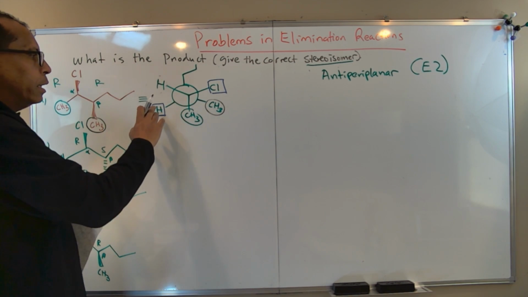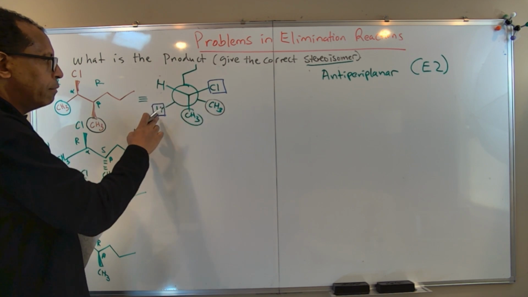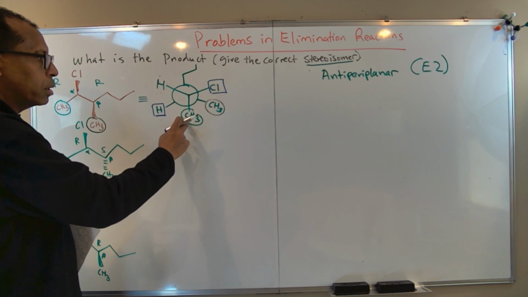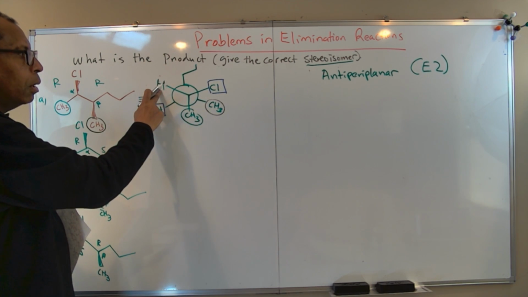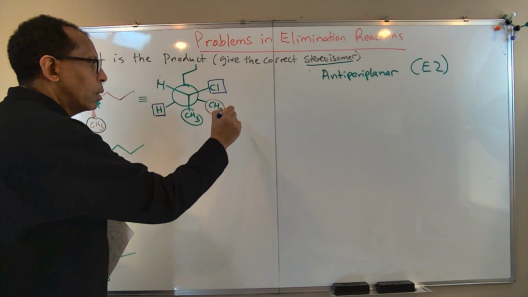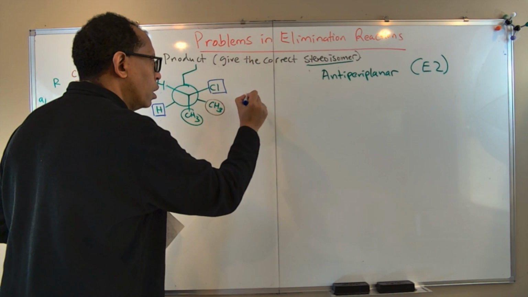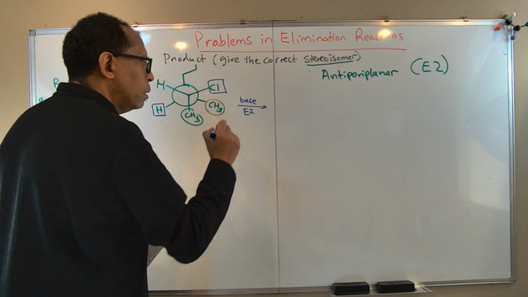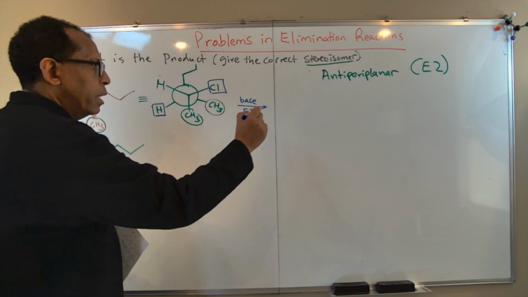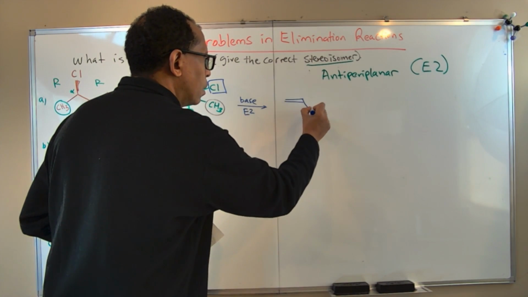So the dehydrohalogenation of this would give you these two CH3s on the same face, and this propyl and this hydrogen on the same face. So if you just do the elimination with a base, this is an E2 reaction, we will get this compound.